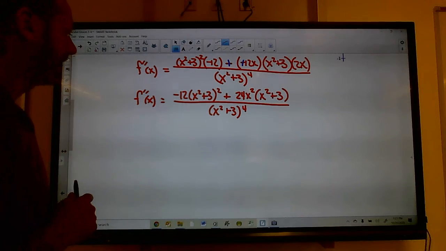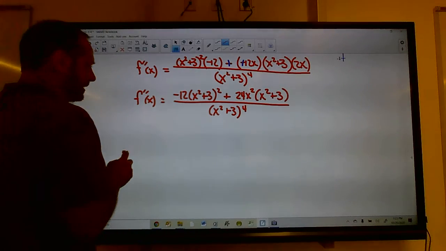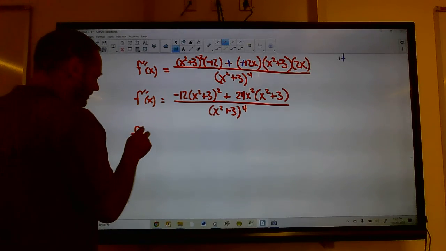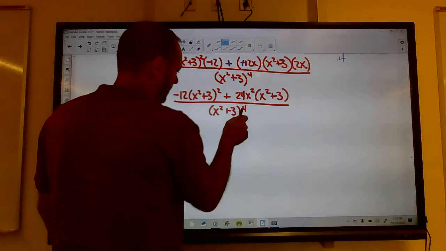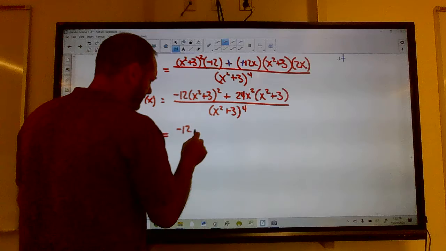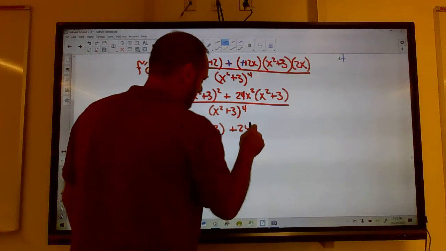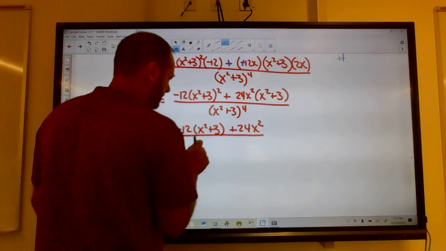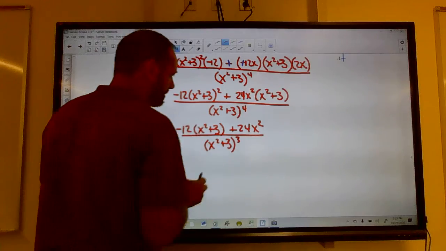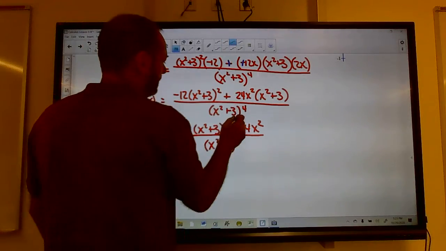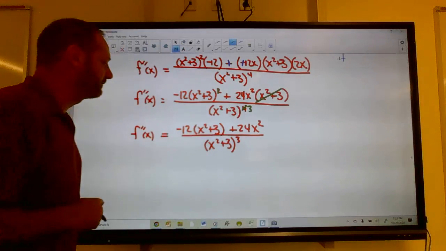Looks like we've got an x squared plus 3 in every term here, so I can cancel one of these, that one, and one of these. So let's simplify this a little bit. Essentially one of these canceled that one and canceled one of those.